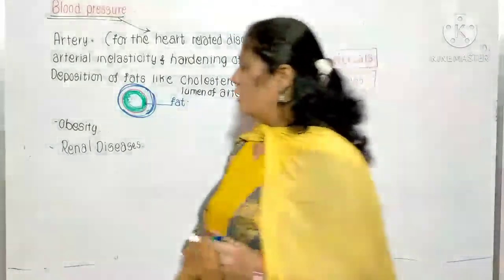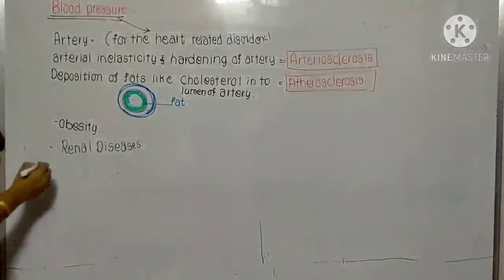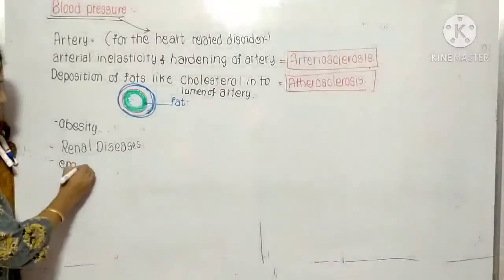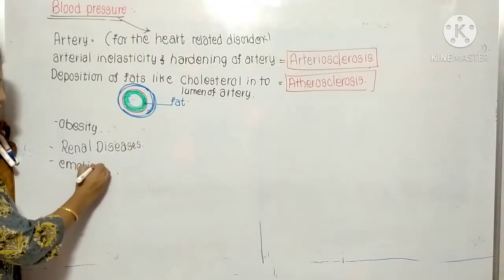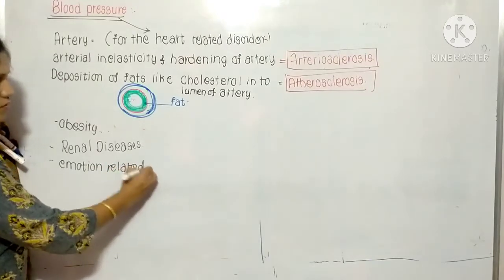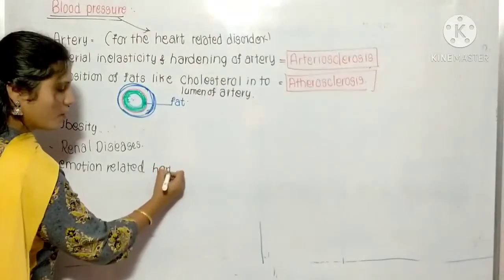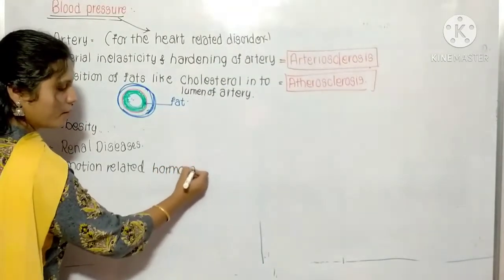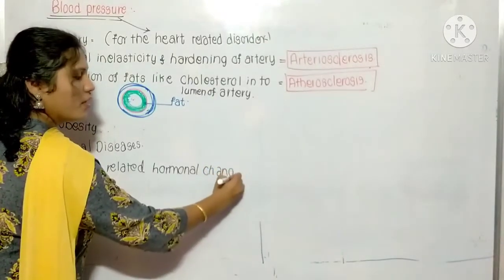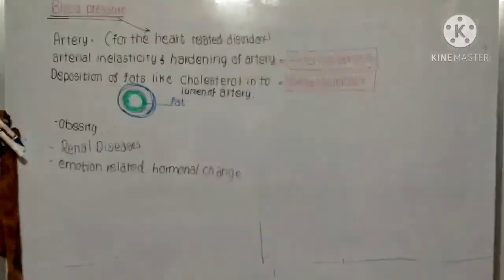If the diet is not proper, and whenever there are emotion related hormonal changes, it is responsible for increasing or decreasing the blood pressure, and then it is responsible for the heart attack.